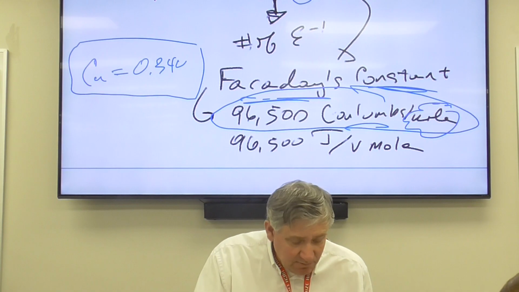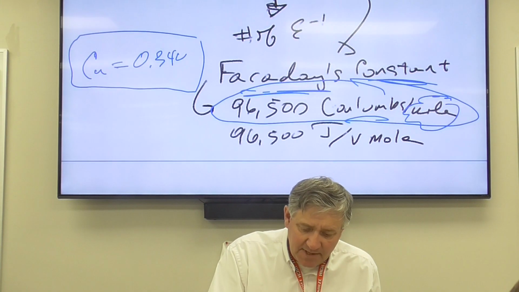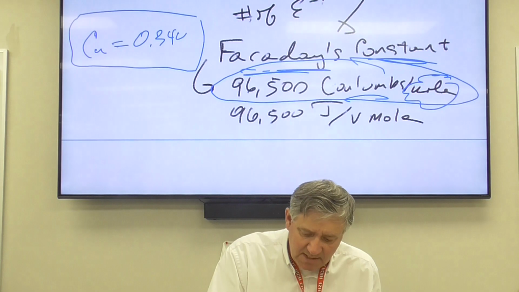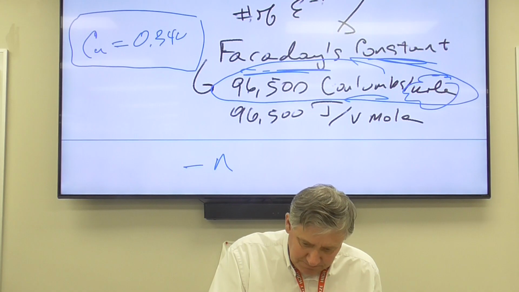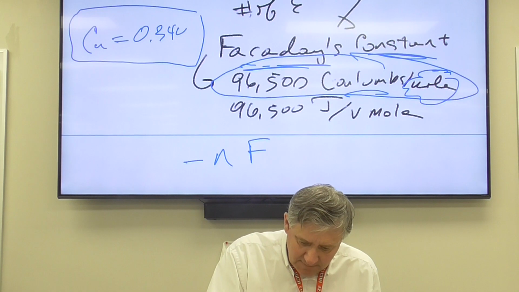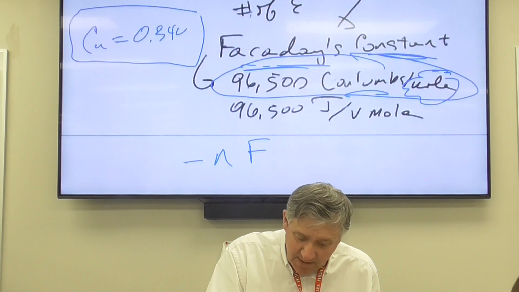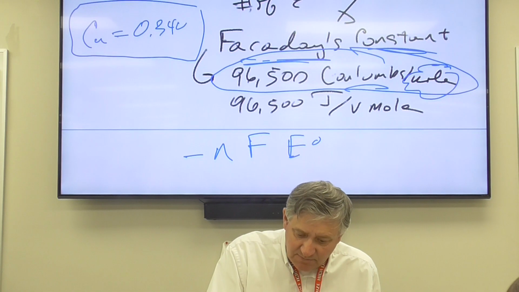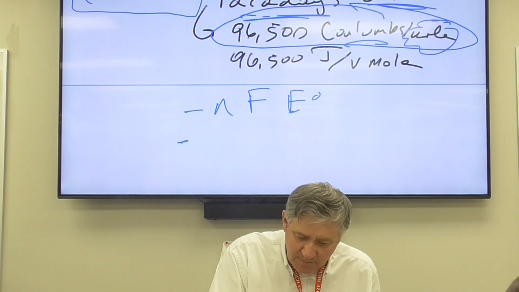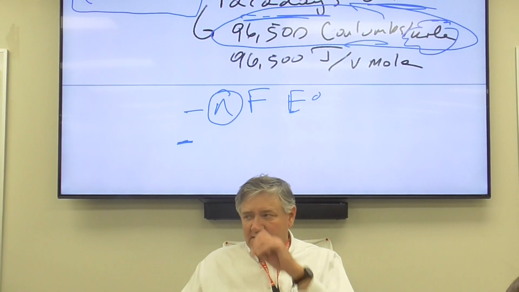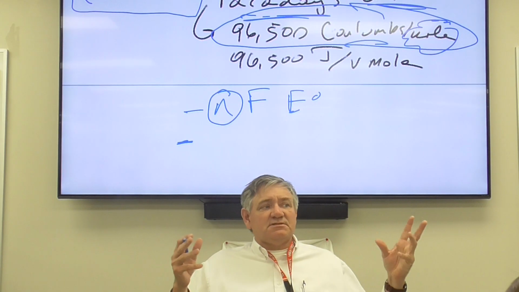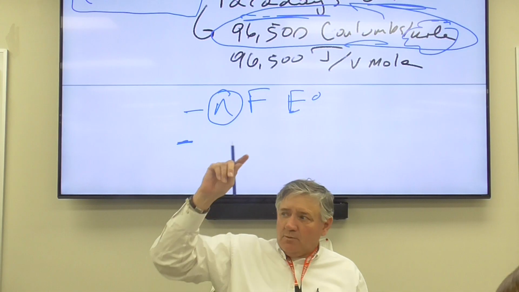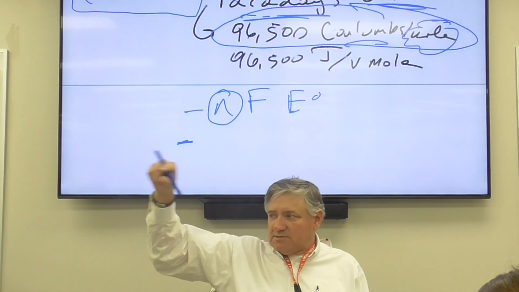In terms of units, where this is going to play out, look at this negative n, and then Faraday's constant, and then you're multiplying that by your E naught value. So this is where this becomes important. Your n is going to be the number of moles of electrons. This is the same n that we used in the Nernst equation.